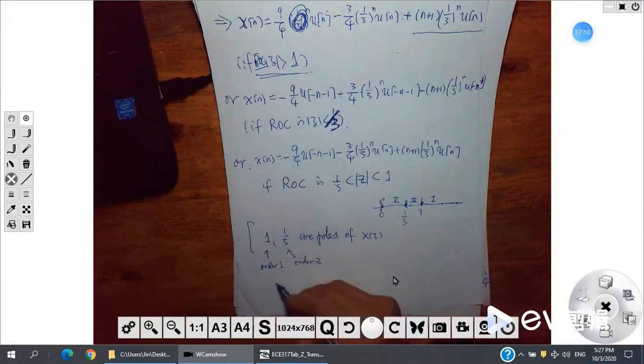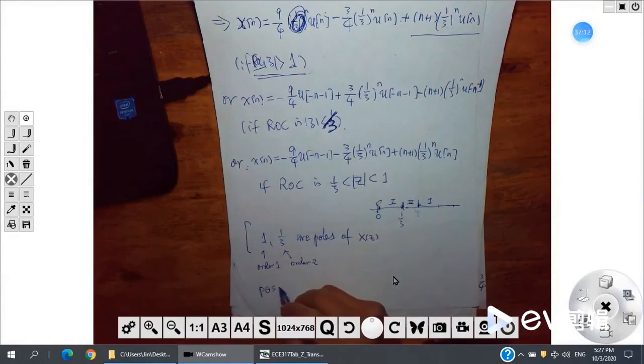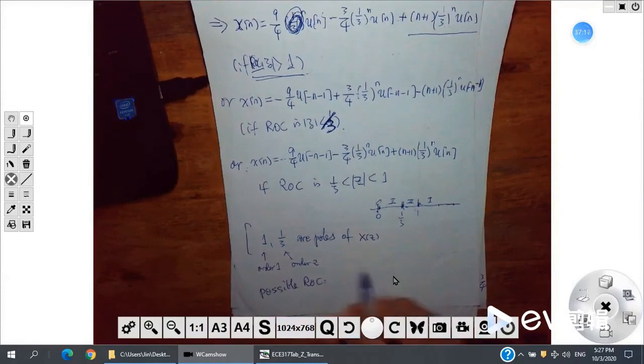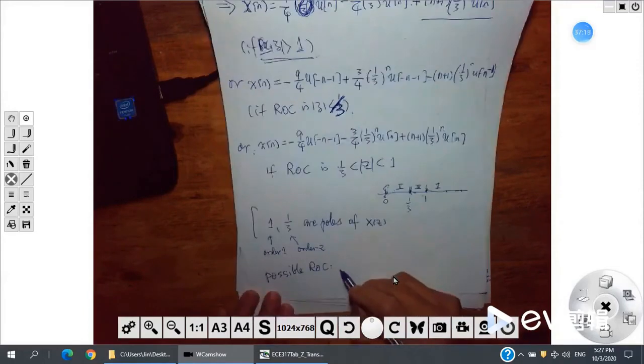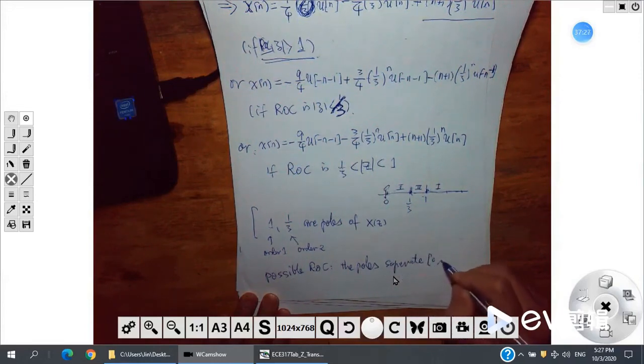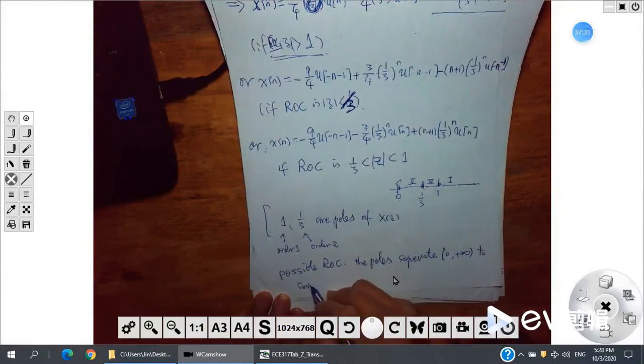Possible ROC. The poles separate the range from 0 to infinity into several segments.